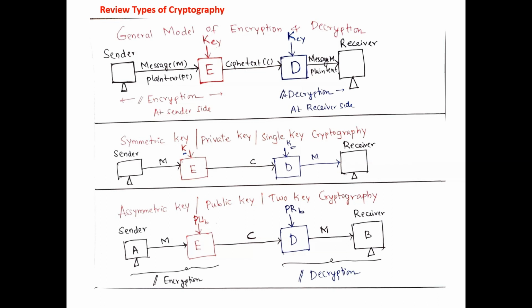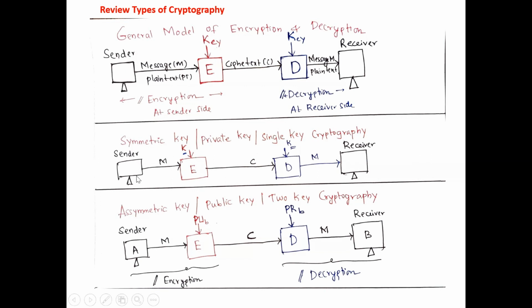When it comes to different types of cryptography, the first one is symmetric key, or private key, or single key cryptography. As the name indicates, in single key cryptography, both sender and receiver use the same key for encryption as well as for decryption.